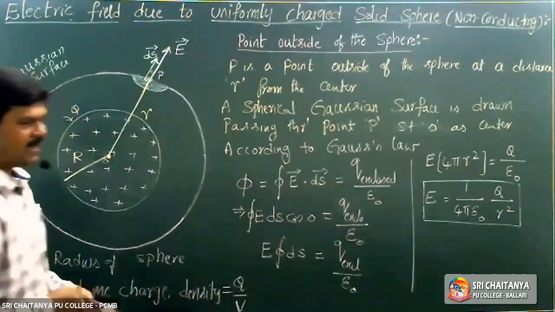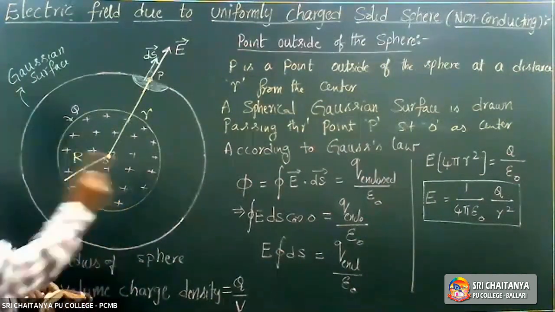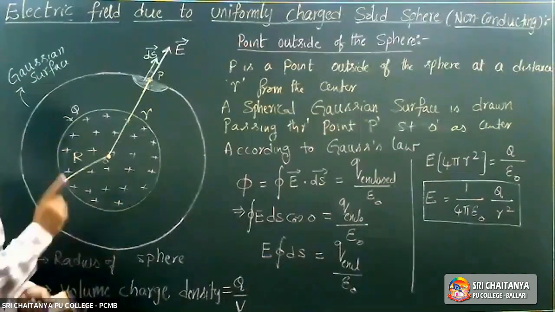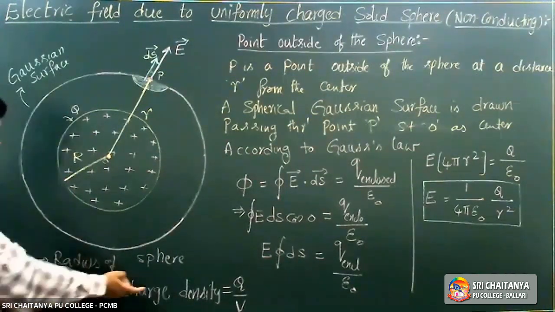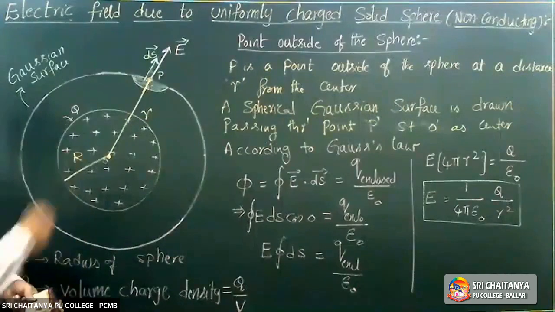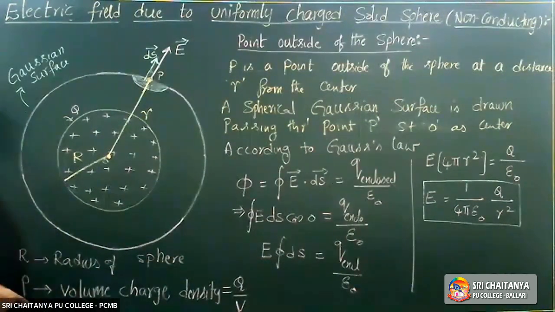See here, we write that formula for E, the expression of E in terms of charge. Sometimes they ask that expression in terms of volume charge density. Can we write? They write it in terms of rho, volume charge density, right? We'll try.